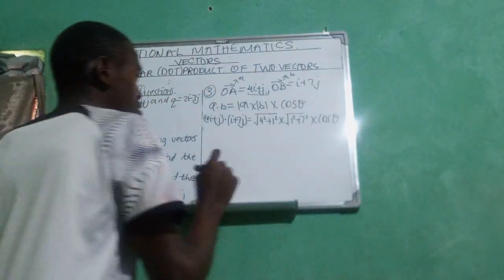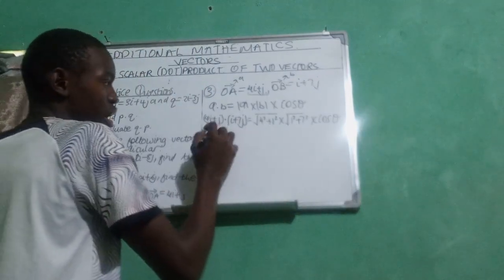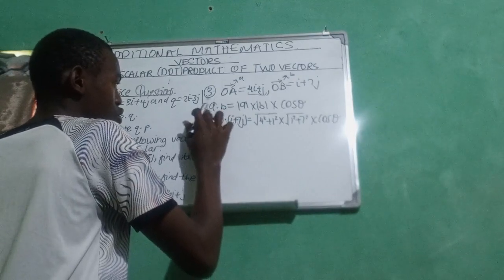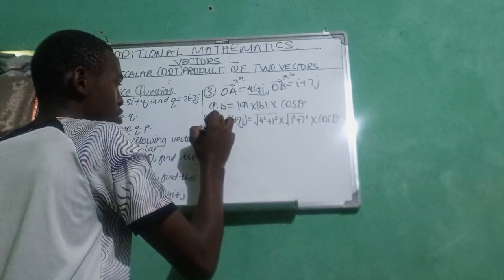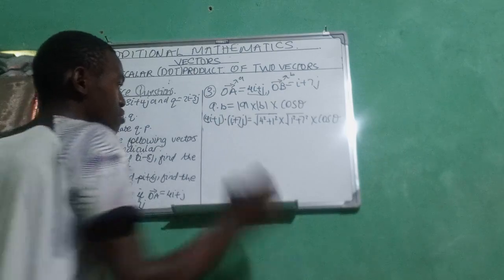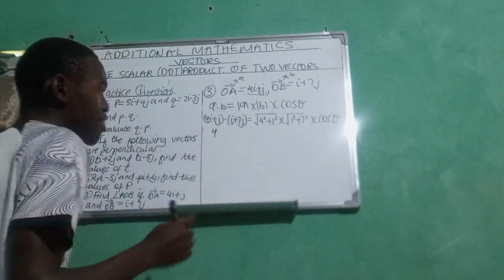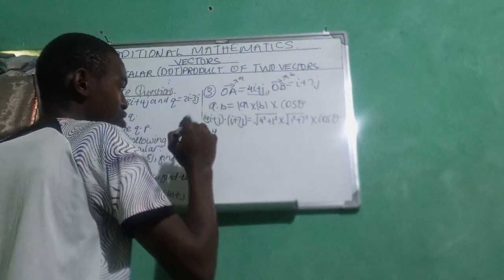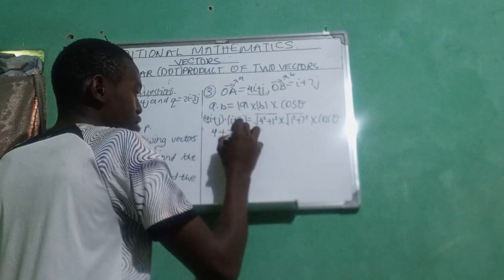Here, if we simplify, we multiply this 4 by this i, which will just give us 4, and then j times 7j is positive 7.